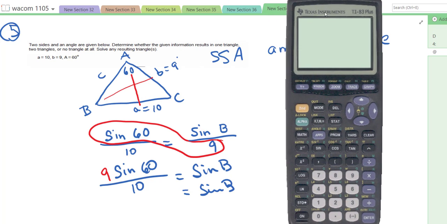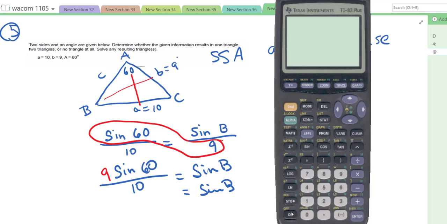None of these seem to be working out like they did for me before. That's okay. All right, so 9 sine of 60, close, divided by 10, enter.